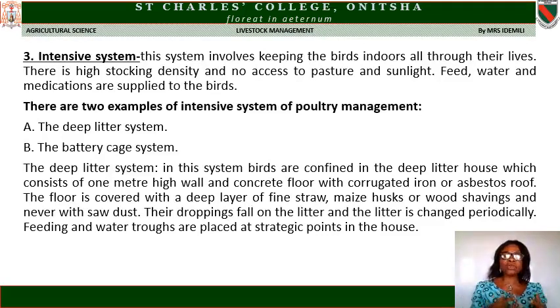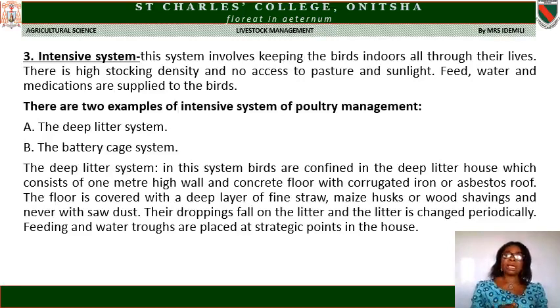The floor is usually covered with a deep layer of fine straw, maize husk, or wood shavings, and never with sawdust. Why do we say that sawdust is not good to be used as litter in the deep litter system of poultry management?